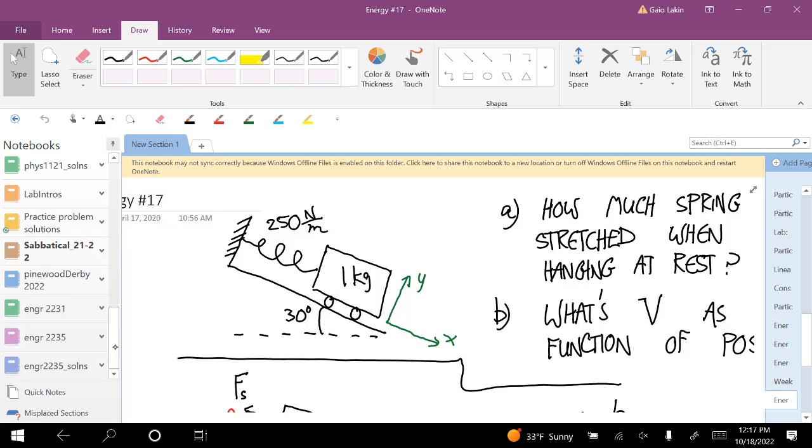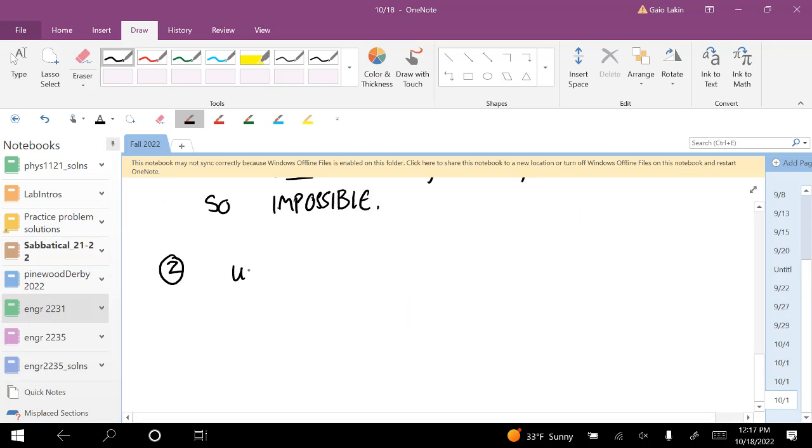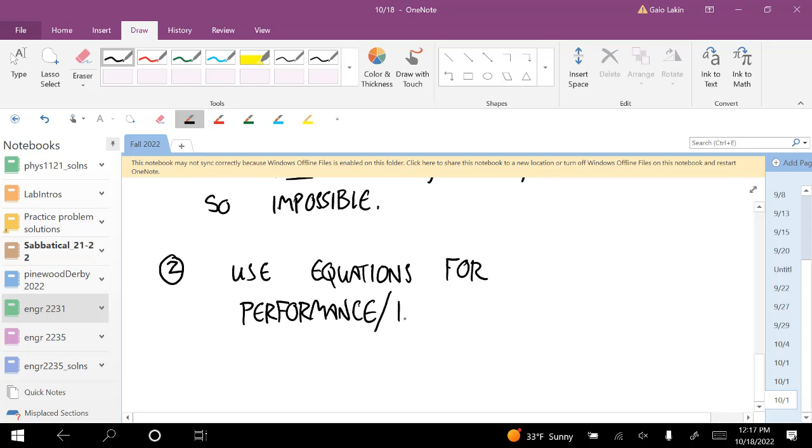You're going to be using the equations for performance and ideal performance, and you're going to be using the first law.